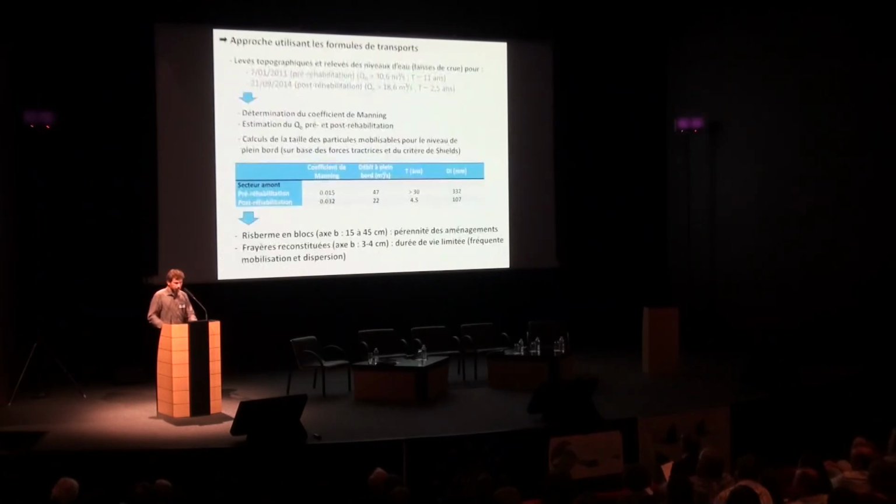And the second approach was quite a classic approach, which calculated using transport formula, looking at the diameter of the elements and the shearing load. So we saw that with the Manning coefficient, that coarseness was increased.